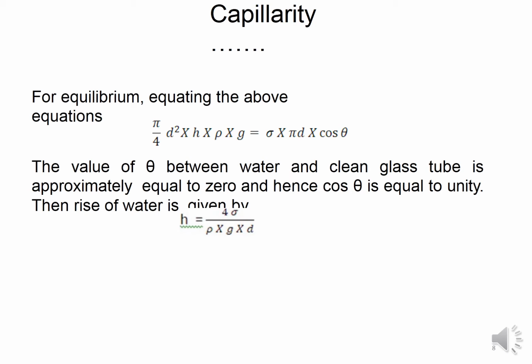See here, the value of theta between water and a clean glass tube is approximately 0. So cos theta is equal to 1. There is some angular difference, but we will assume it as 0. Then the equilibrium equation gives h equal to 4 sigma by rho g d.